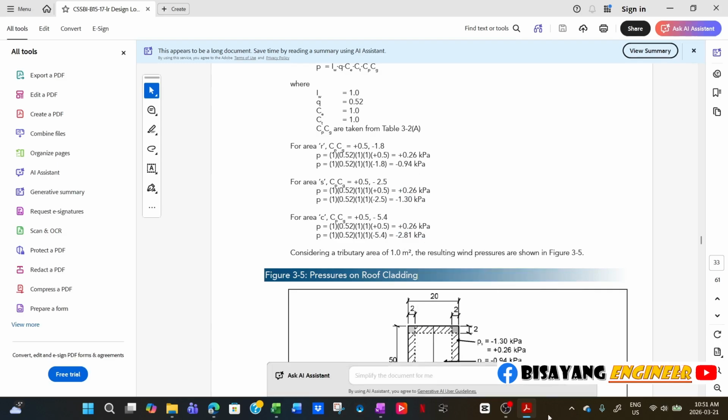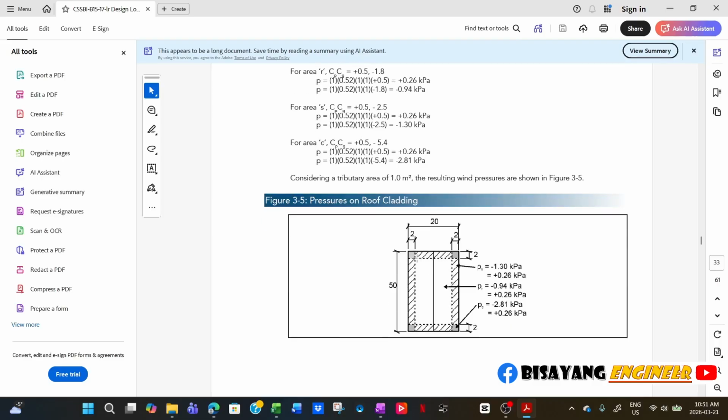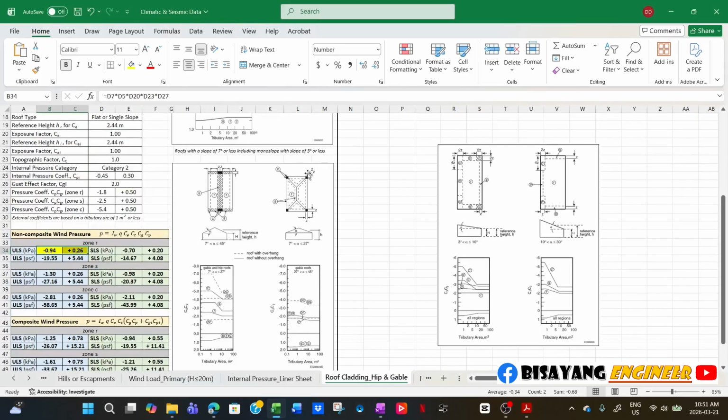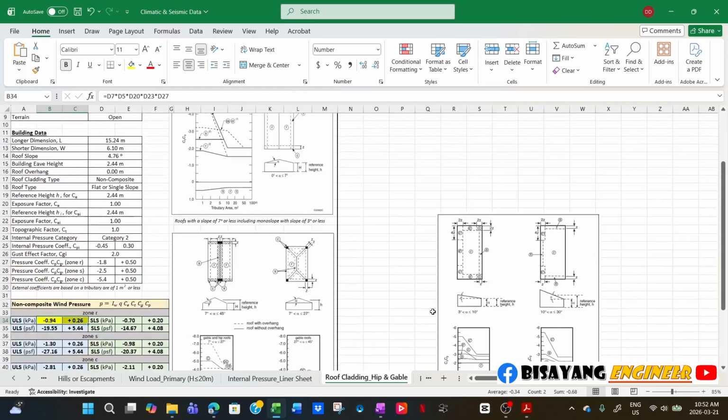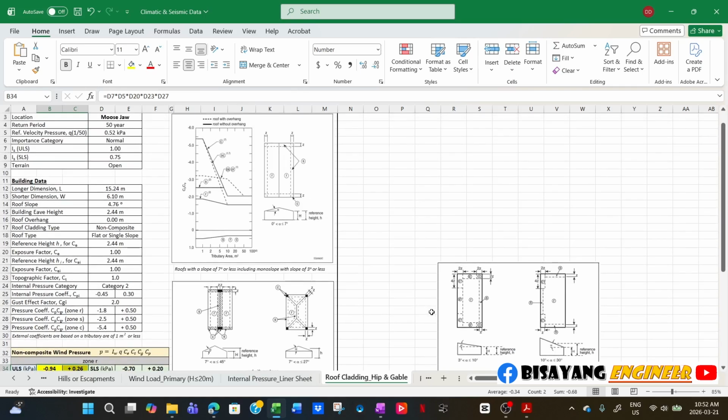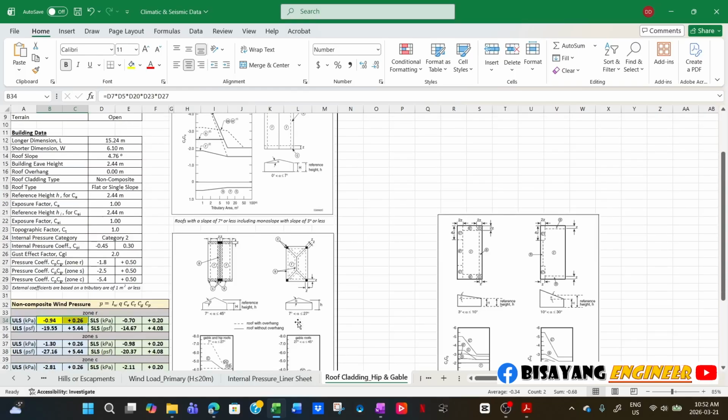So the pressure at this one here, roof cladding for gable. This one here, I was looking at different. This is if the angle is between 0 and 48. So this is hip, this is gable, this is hip and gable.